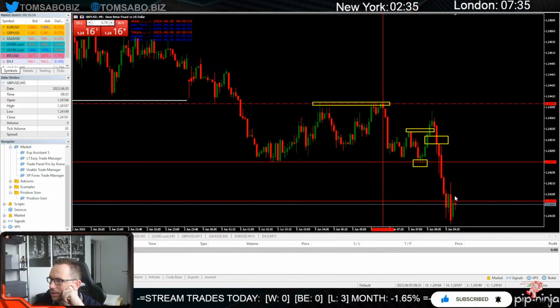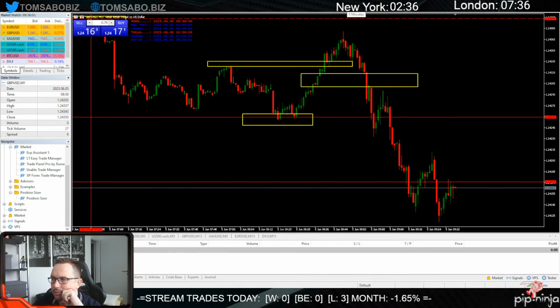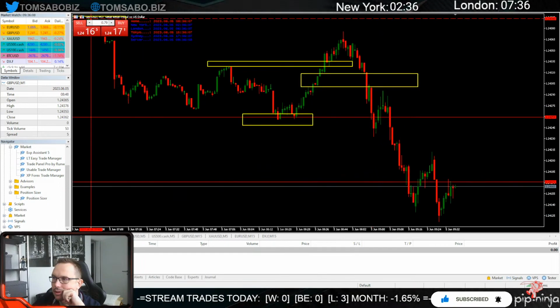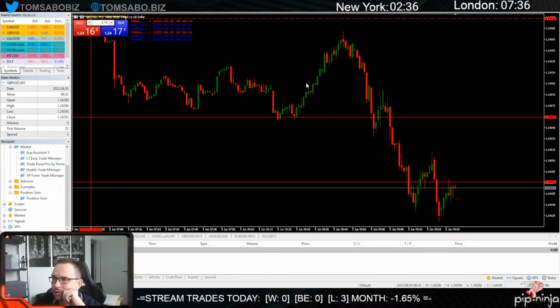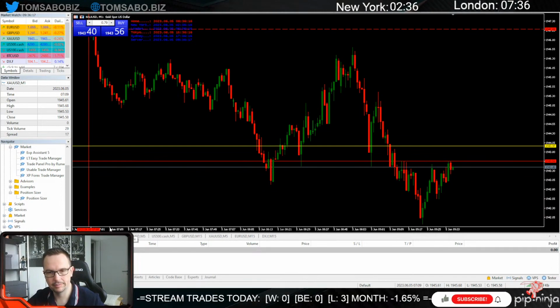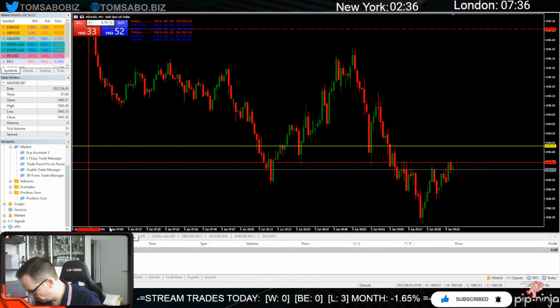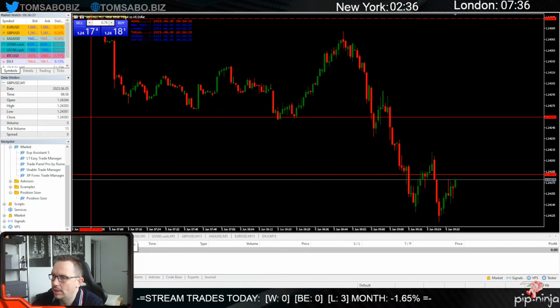if we would see another possible setup, even on the 1 minute, if we can see one, then I'm definitely going to consider entering into that kind of trade.